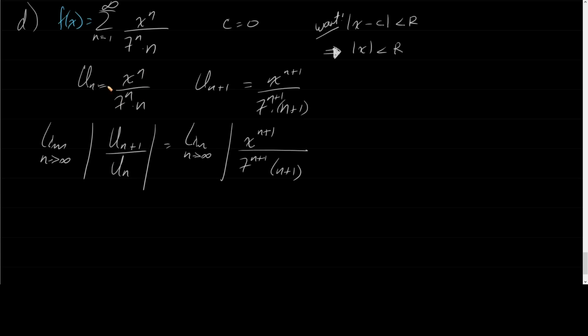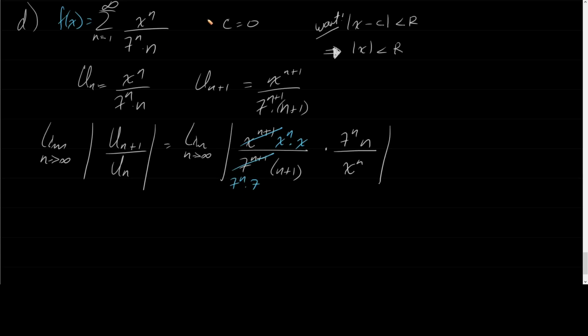But u sub n is a fraction, so we can just multiply by the reciprocal of that fraction. We can rewrite some of these: instead of x to the n plus 1, I can write x to the n times x. Instead of 7 to the n plus 1, I can write 7 to the n times 7.